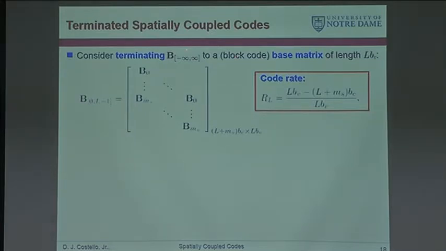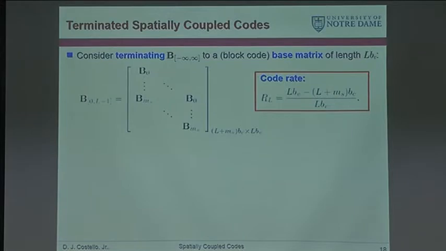So the first issue here is, okay, what about distances? Well, we look at terminating a convolutional base matrix like this. We start at a particular time, run it for L time units, and then stop it. This is a terminated base matrix. Remember, this is in the H matrix parity check domain, but it's similar to the generator domain, where we talked about terminating convolutional encoders.